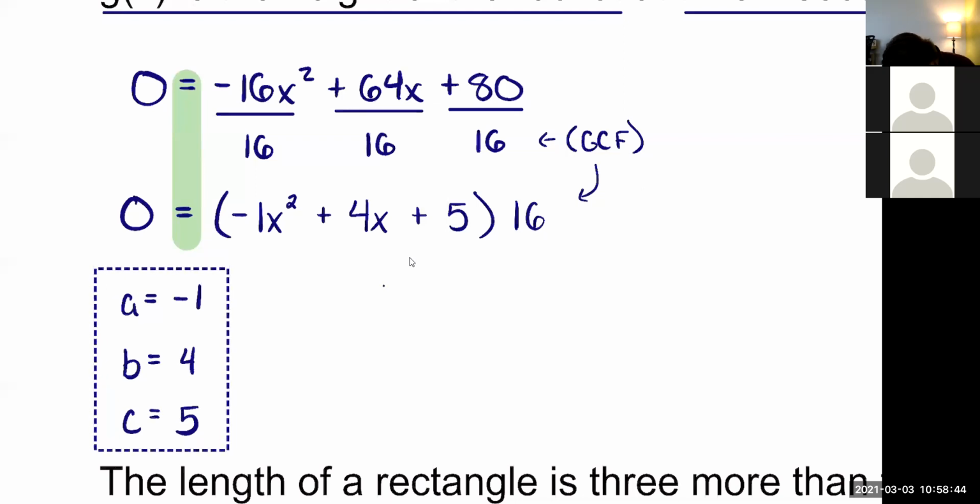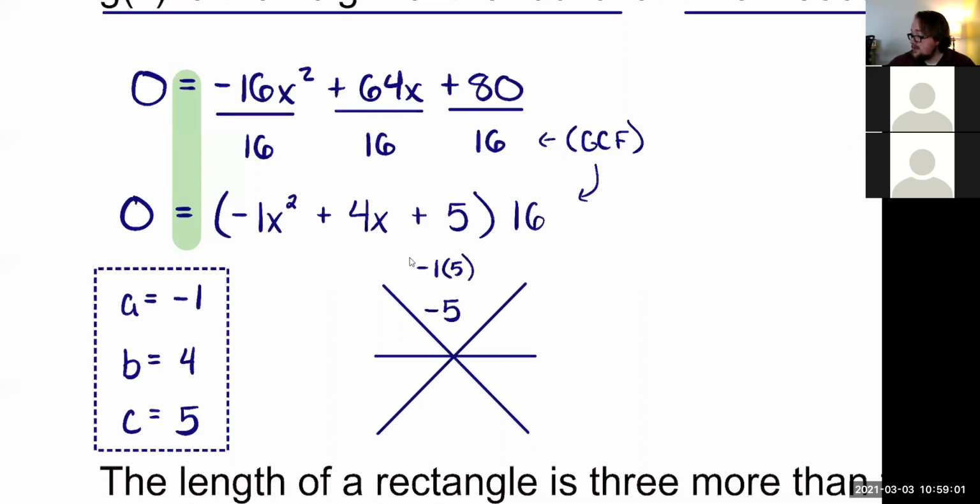Then I set up my little asterisk here. I have A times C on top, so I'm looking at -1 times 5, which is -5. A on either side is a -1, and B on the bottom is a +4.